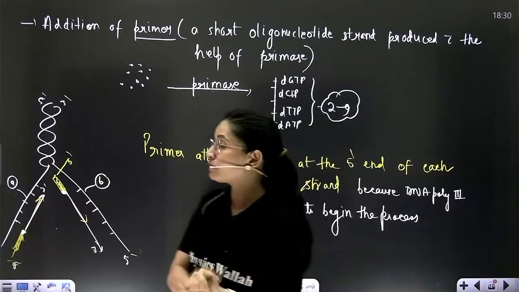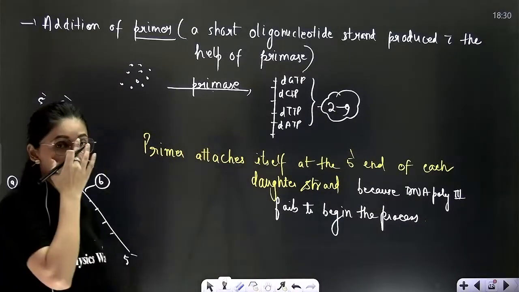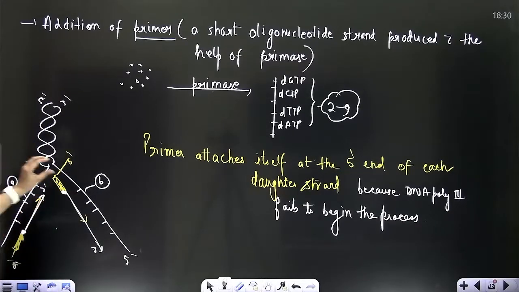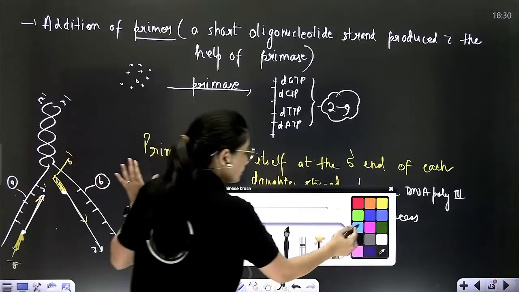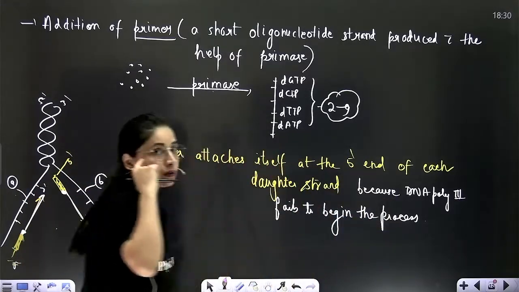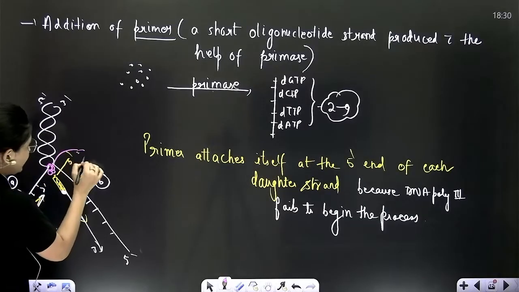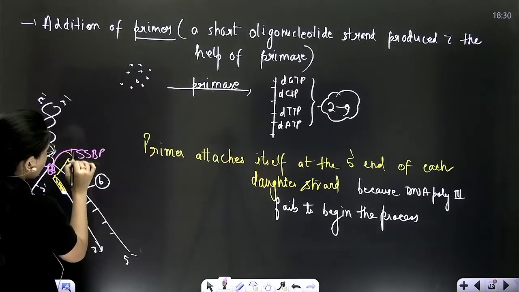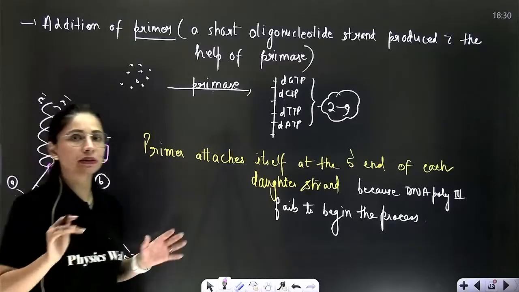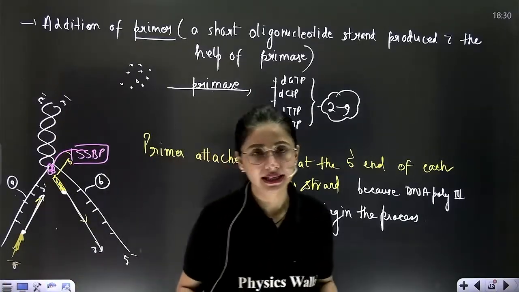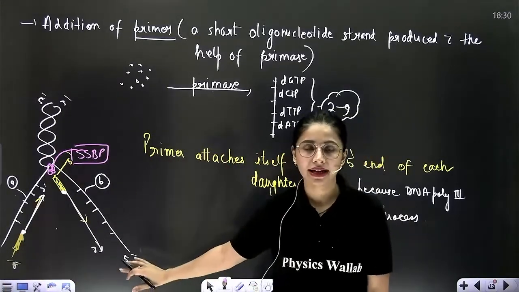Okay, one more thing I just forgot to tell you, the role of SSBP. See beta, once the unwinding is done, now to keep the strands in unwound state over here, SSBP protein is required. So role of SSBP is to keep the DNA strand in unwound state till the time replication is done.